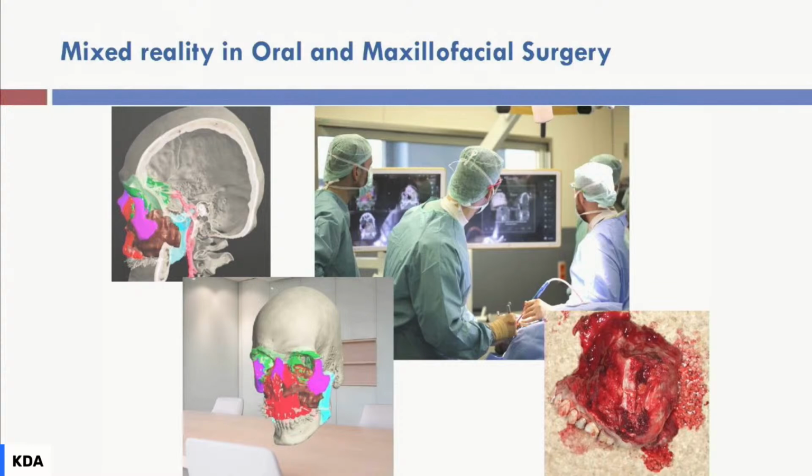So this surgery was done while I was in Germany, and we came up with a CBCT scan, had a hologram machine in the OR, and then using the mixed reality to project the 3D structure of the surgical procedure that we're doing simultaneously in 4D.